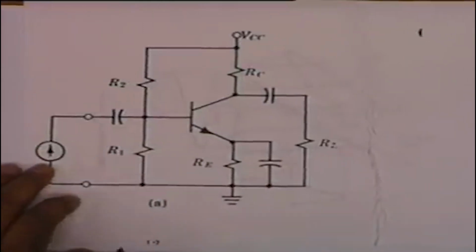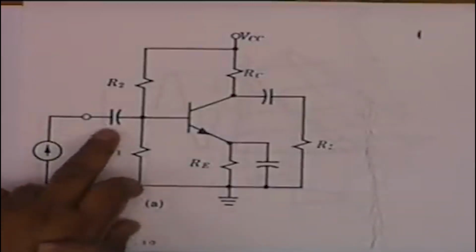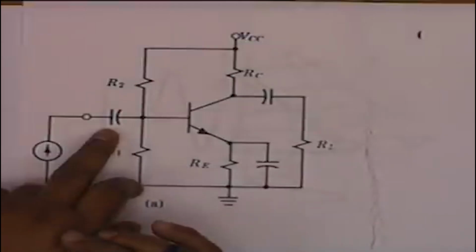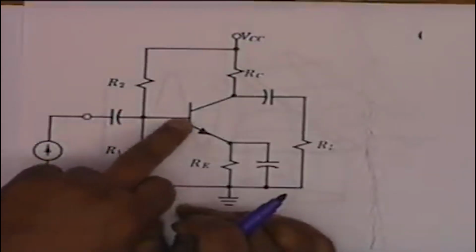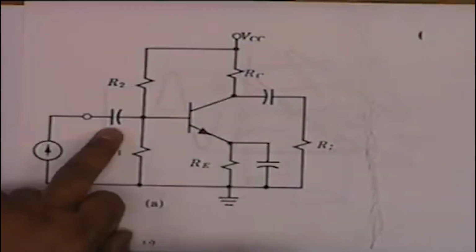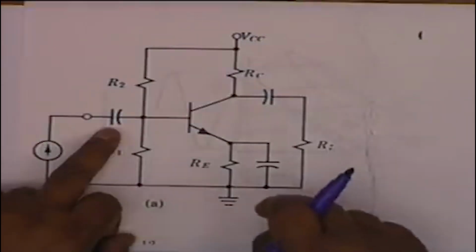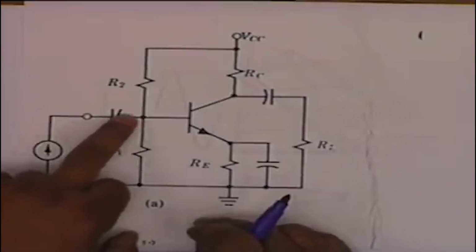The purpose of this capacitor is to block DC, and therefore this capacitor must act as open at DC, but at the same time signal current should be able to pass to the transistor, and therefore the capacitor must be large enough to allow signal currents to pass. What does that mean? It means that its reactance 1 by omega C at the frequencies of interest should be small compared to the impedance that it faces.